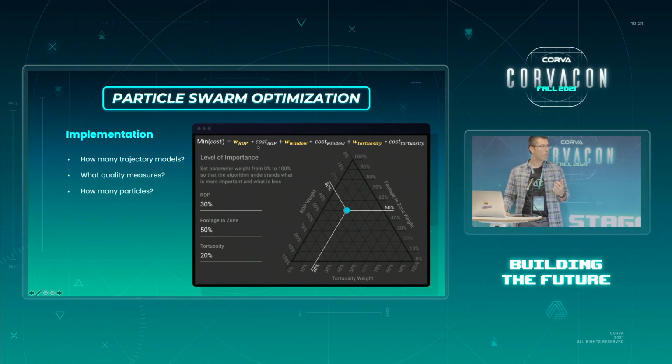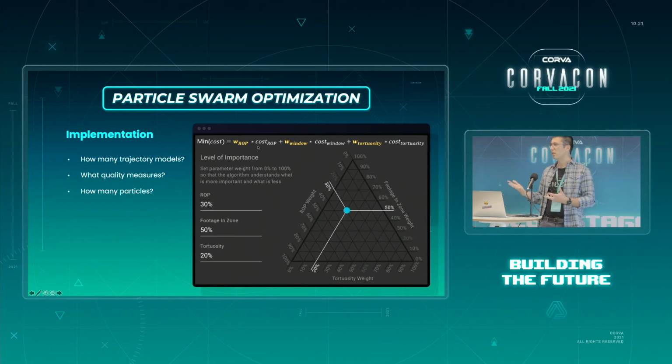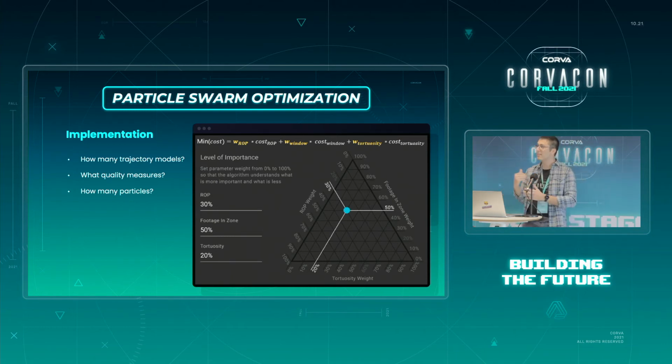The first is the ROP component, which in drilling is the rate of penetration, or the speed at which you drill, right? So we want to maximize that variable. Second, we have the cost of the window. It essentially is how much of the recommended path is inside the drilling window, the area that we want to be in. So we want to minimize the footage outside the window and conversely maximize the footage inside.